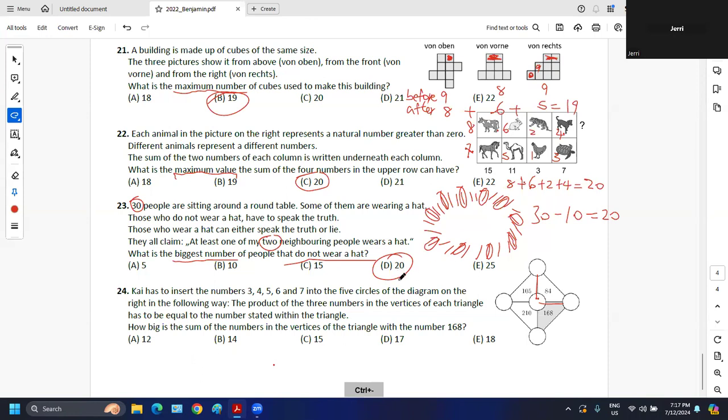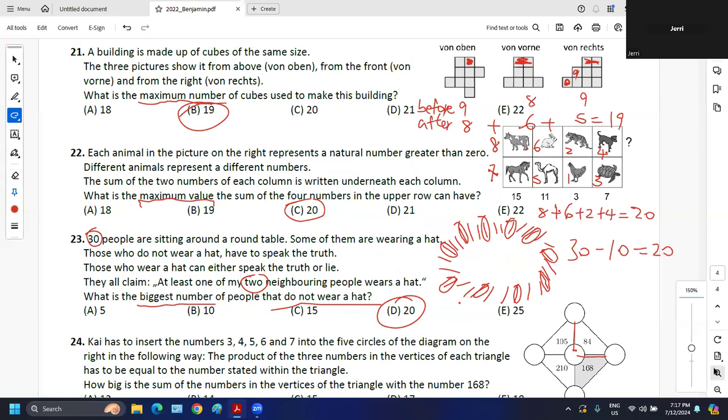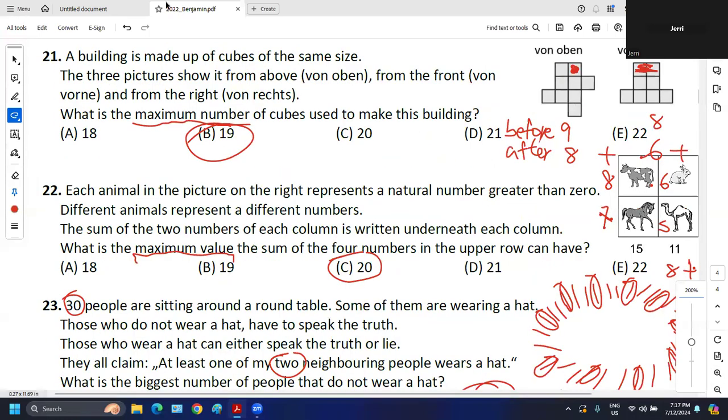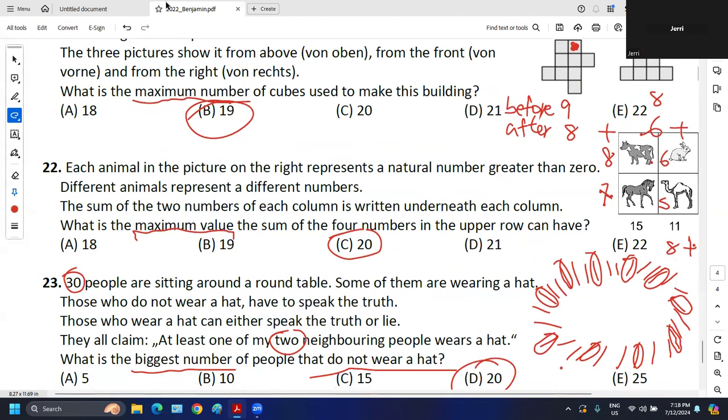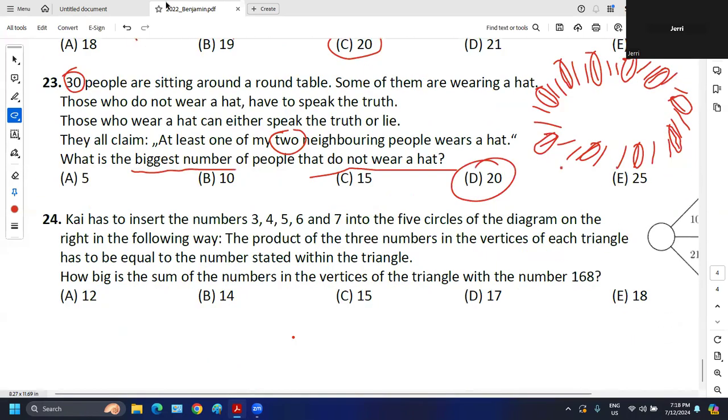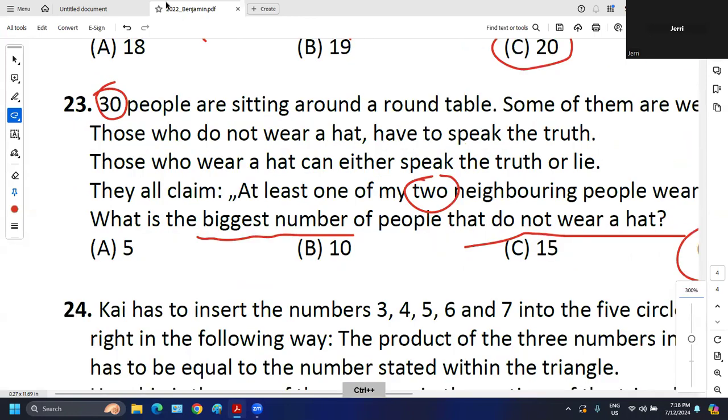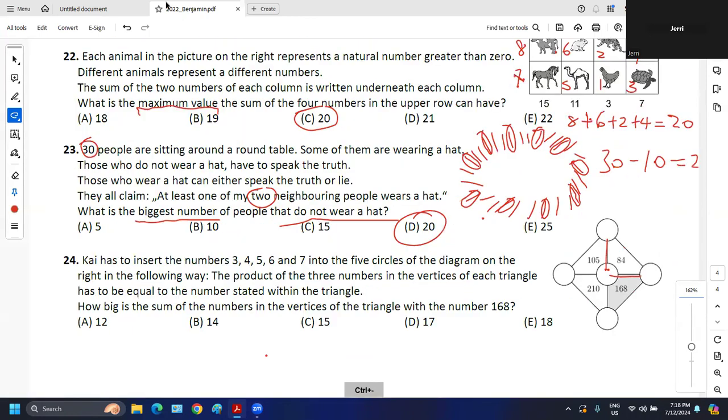So basically, right now we can just use these angles to multiply together.